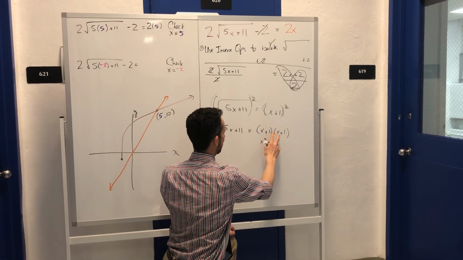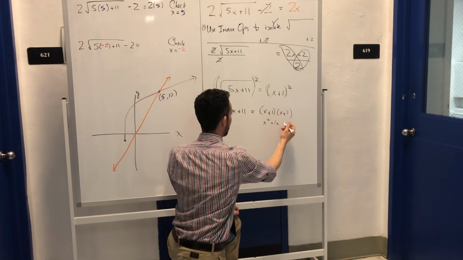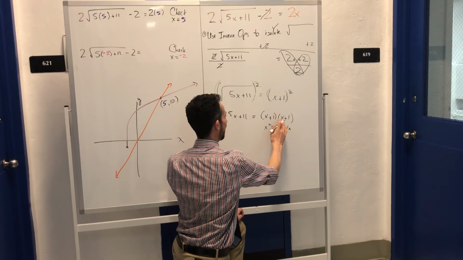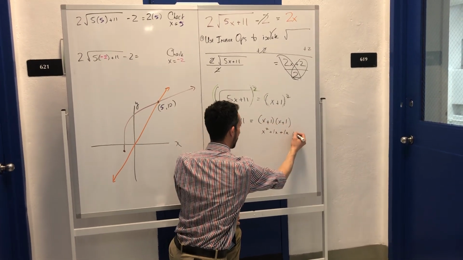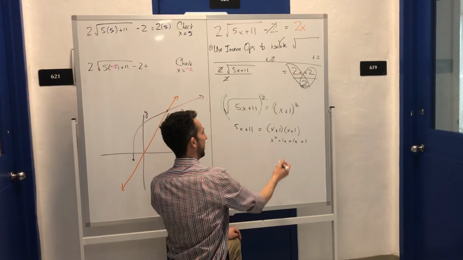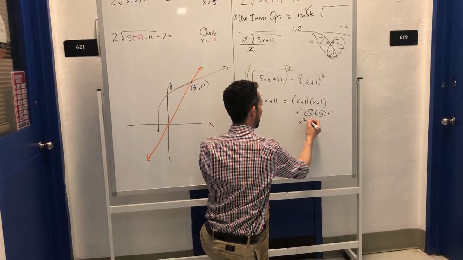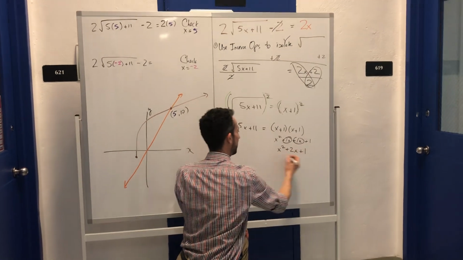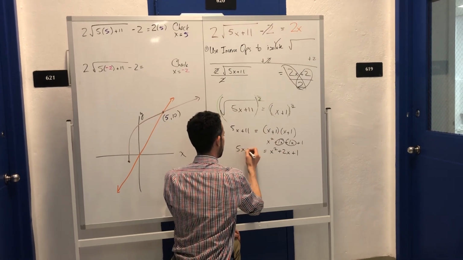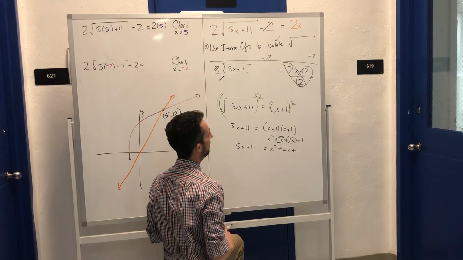The inside term, x times 1 is positive 1x. And the last term, 1 times 1 is 1. And then we have like terms here. So this is 2x, so we have x squared plus 2x plus 1 equals 5x plus 11.